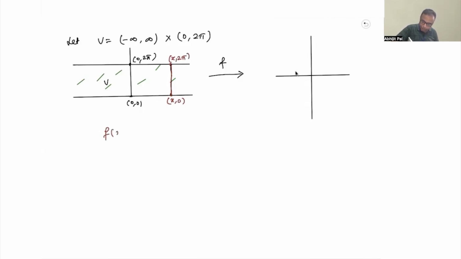Okay, so f of (x, 0) is equal to e to the power x again, which is equal to f of (x, 2π). Here x is fixed, so I'll get a circle of radius e to the power x.